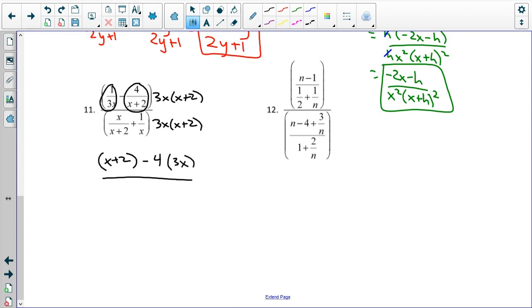The denominator, this part is missing a 3x, so I get 3x squared. Then this part is missing a 3 and an x plus 2. So now I simplify everything, and the numerator ends up being negative 11x plus 2, and the denominator ends up being 3x squared plus 3x plus 6.